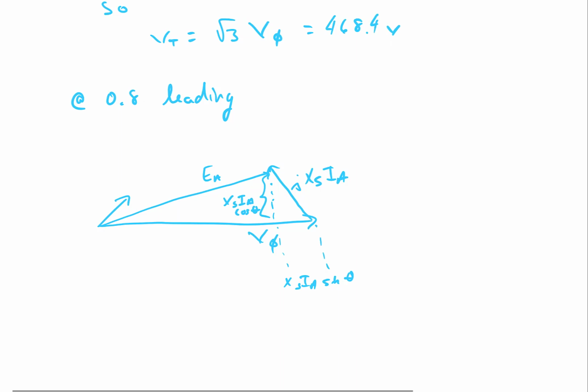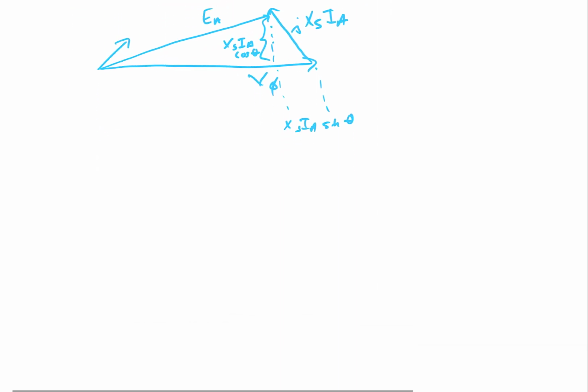Okay, so we're going to do a very similar thing. To find V phi here, we have EA squared is equal to (V phi minus XS IA) squared plus (XS IA cosine theta) squared.